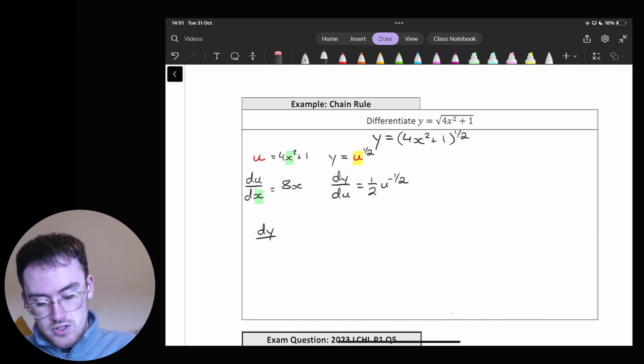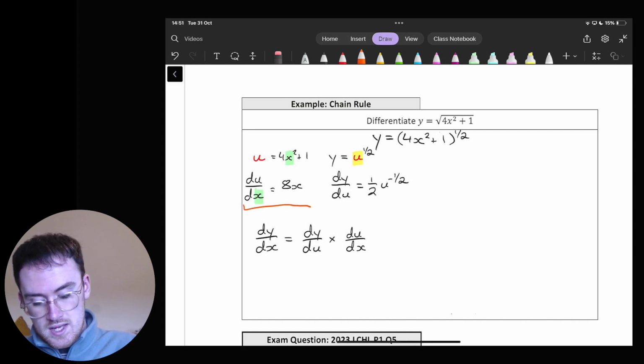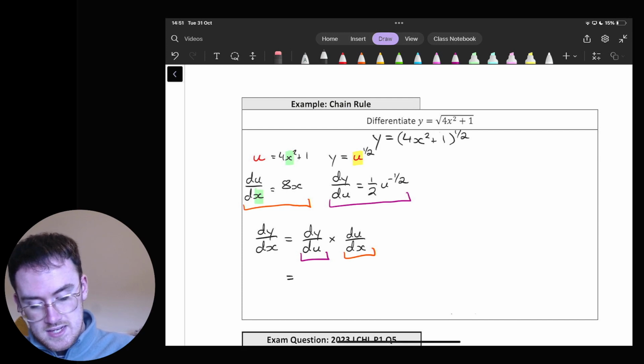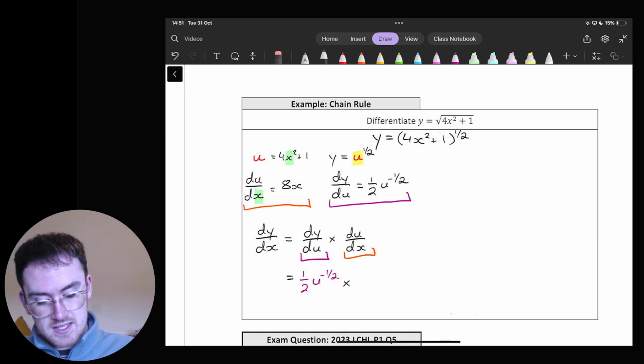To get the overall derivative dy/dx, I will take dy/du multiplied by du/dx, just taking these from above. So dy/du, we know already, is a half u to the power of minus a half, multiplied by du/dx, which is 8x.